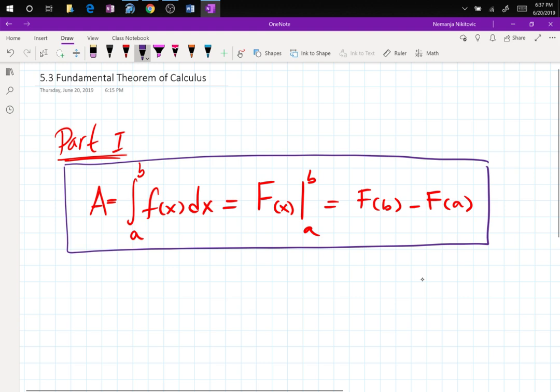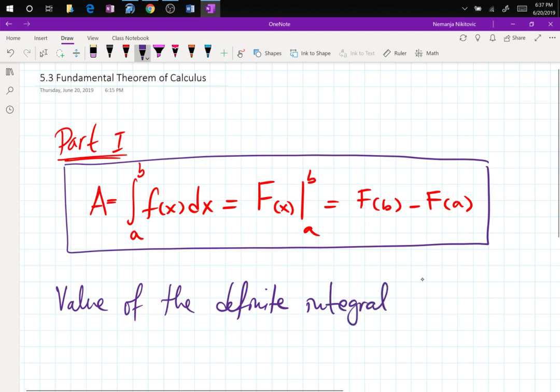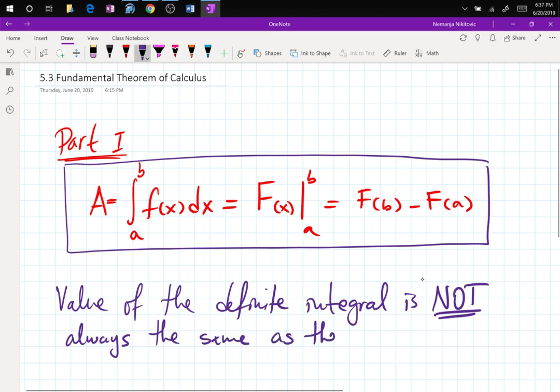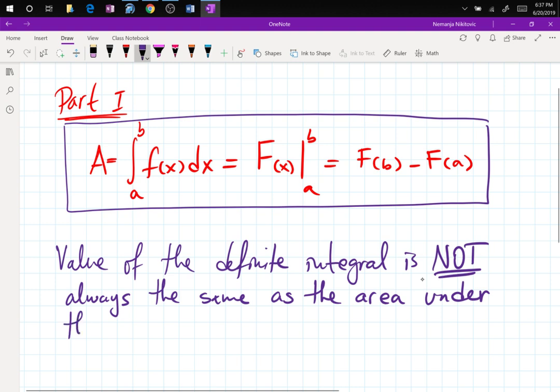Important sentence that we need to write here is that the value of the definite integral is not always the same as the area under the curve.